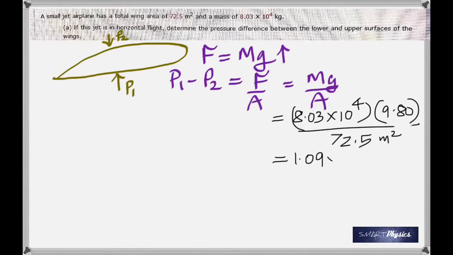Okay, so that's 1.09 times 10 to the 4 pascals. That's a huge pressure difference that keeps the airplane in flight.